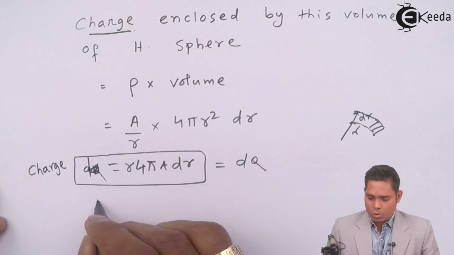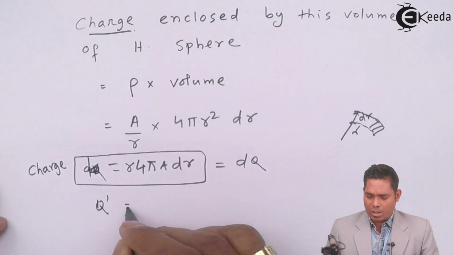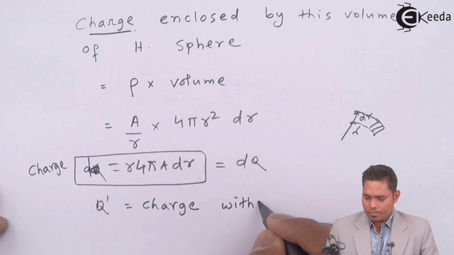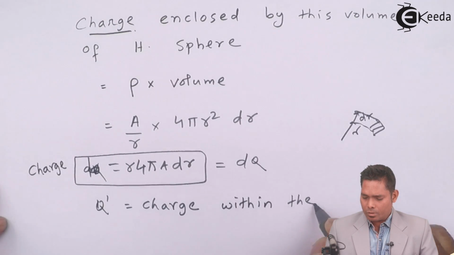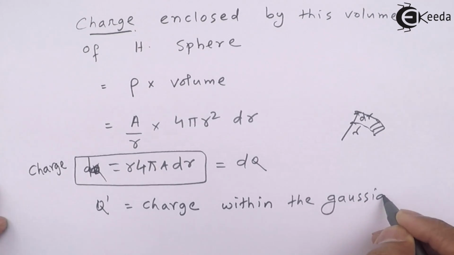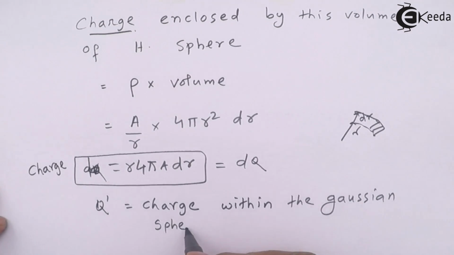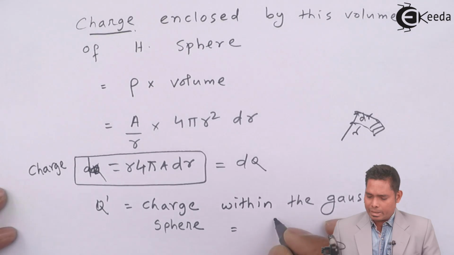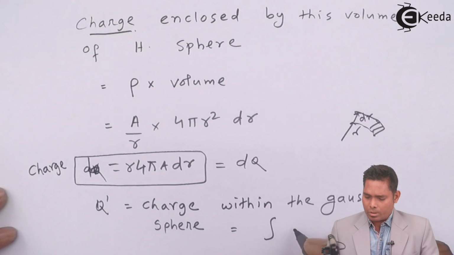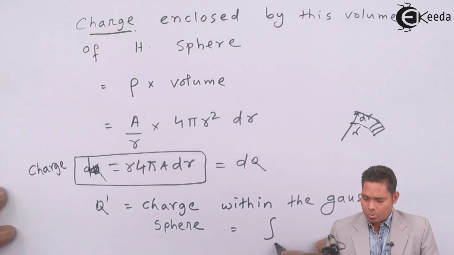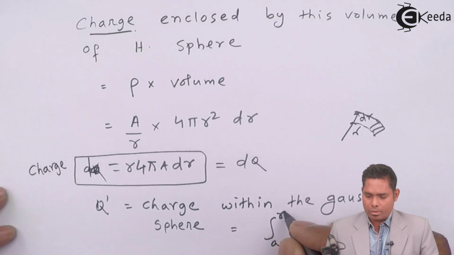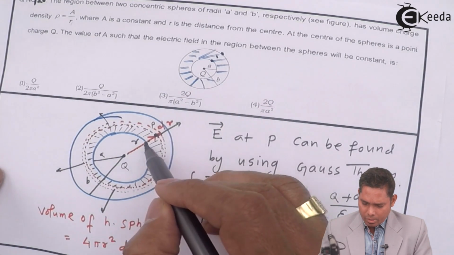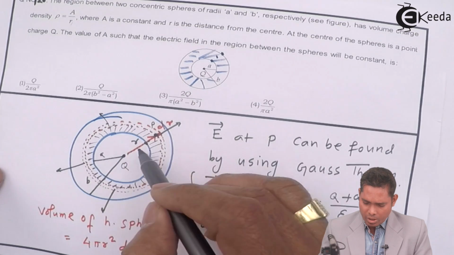The Q dash that I have represented is the charge within the Gaussian sphere, excluding the point charge, and it is given by integrating from a to r, because you can see here, from here the limit is a and I have to move to the distance r.